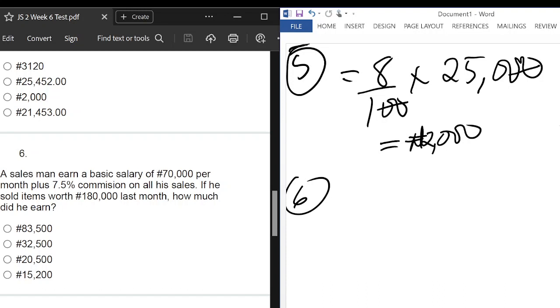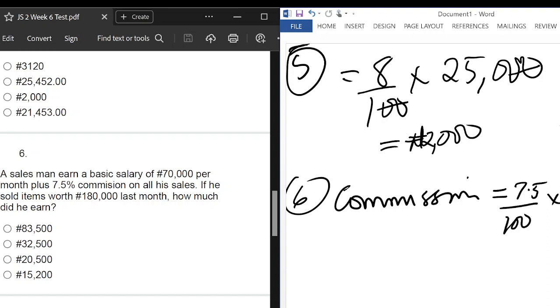So what we're going to do here is find the commission on 180,000 naira. Let's calculate his commission, which is 7.5% of 180,000 naira.